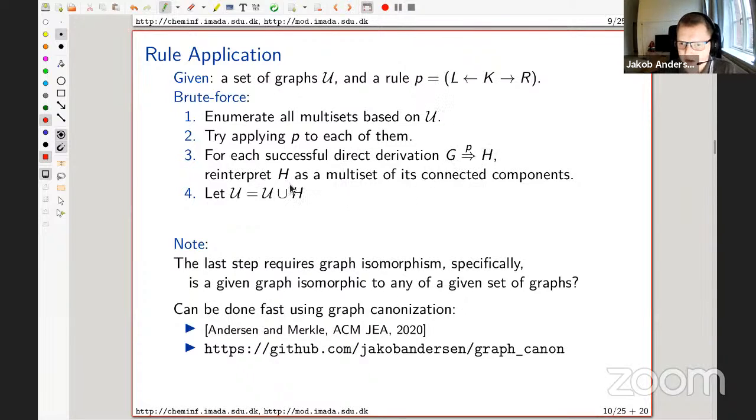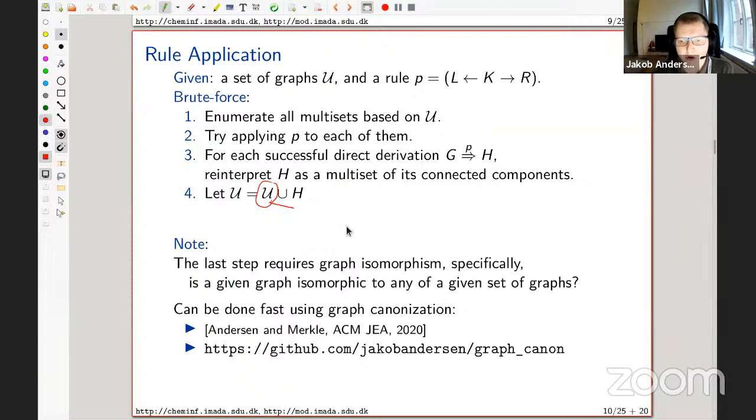Another note: this small operation hides the fact that we need to do graph isomorphism to keep track of all the unique molecules that we have. That takes quite a lot of time. But it's worth noting that the specific case here is not just that we have 2 graphs and want to check whether they're isomorphic. We already have a known set of graphs, and we come with one graph at a time and want to check if we have it already.